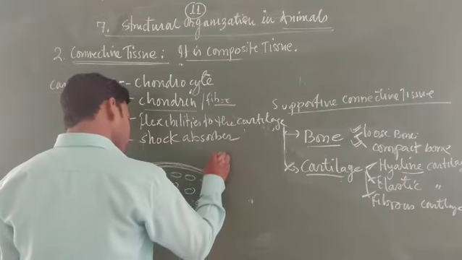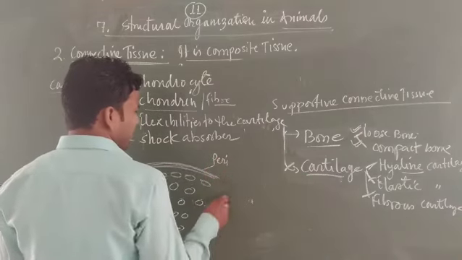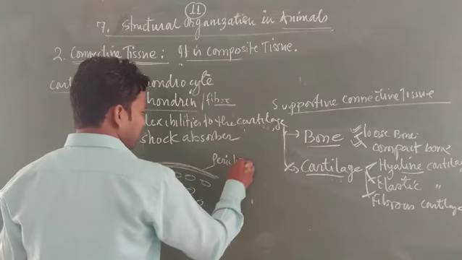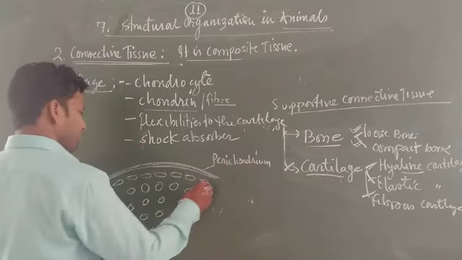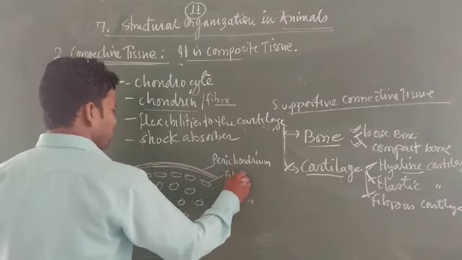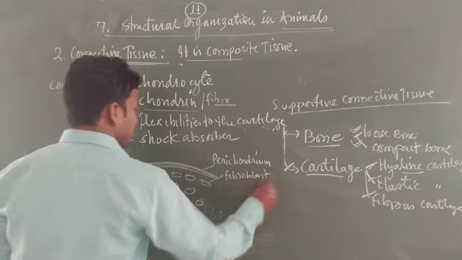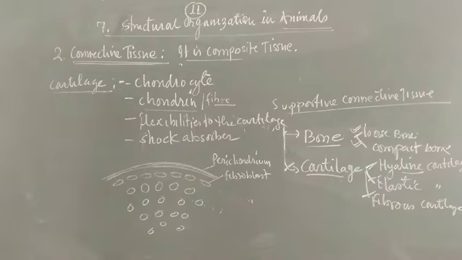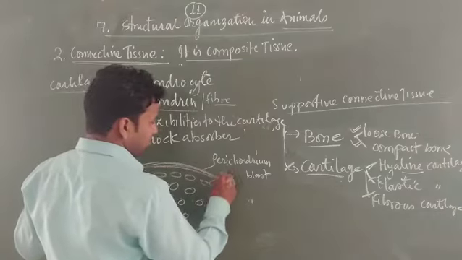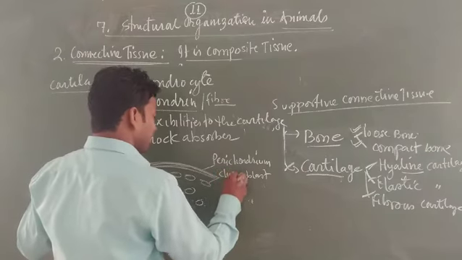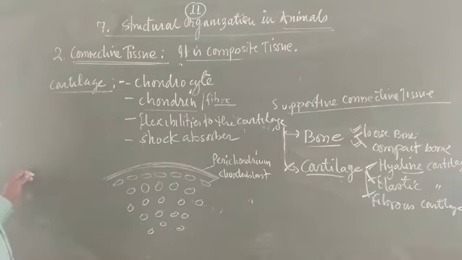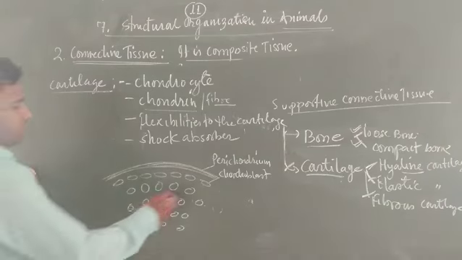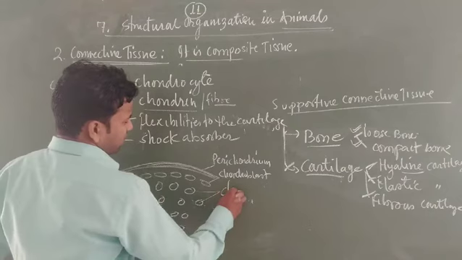This outermost layer, like the periosteum, is the perichondrium. Perichondrium. This one is also a fibroblast. This is present just below the perichondrium. Sorry, not fibro. This is chondro because this is present in the cartilage. It is called chondroblast. Chondroblast, and the cells present in this are called chondrocytes.